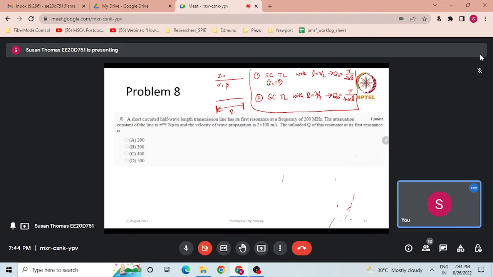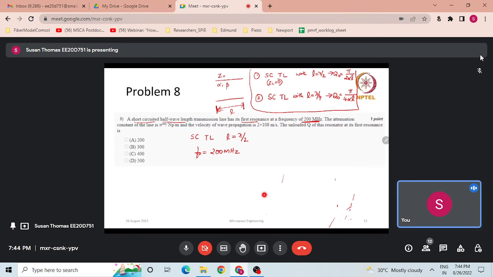So let us look at this short circuited half wavelength line. Two things are clear: it's a short circuited transmission line and a half wavelength transmission line, that means the length of the transmission line section is lambda by 2. It has its first resonance at 200 megahertz, so let me write f naught is equal to 200 megahertz.